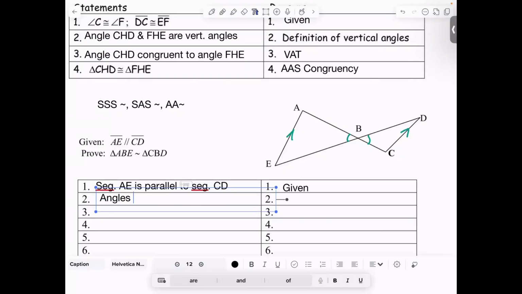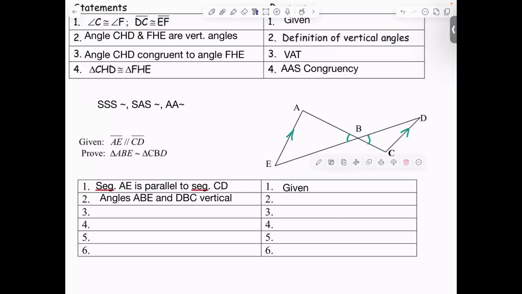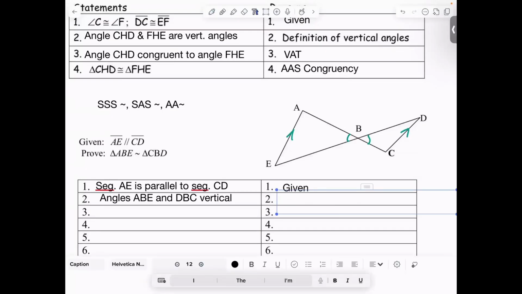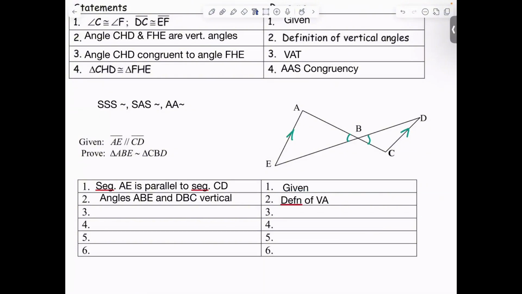So angles, I'll just say ABE and DBC. And that's because of the definition of vertical angles. I'll abbreviate that there.